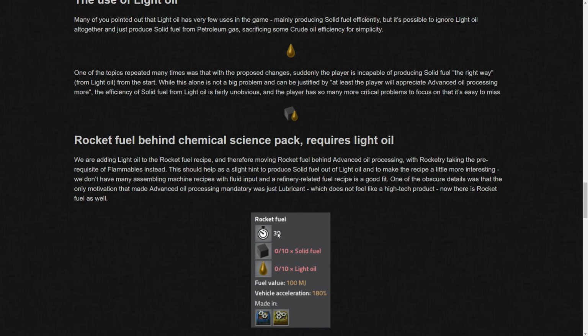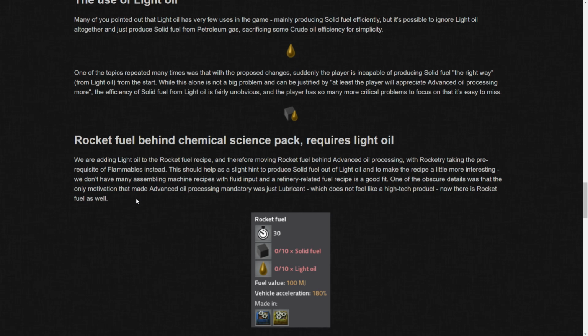Yeah. And they're also obviously then locking rocket fuel behind blue science tech. Yes, this is pushing rocket fuel back behind blue science tech because you need light oil to make it, and light oil only comes from advanced oil processing, which is a blue science, chemical science tech. Right.